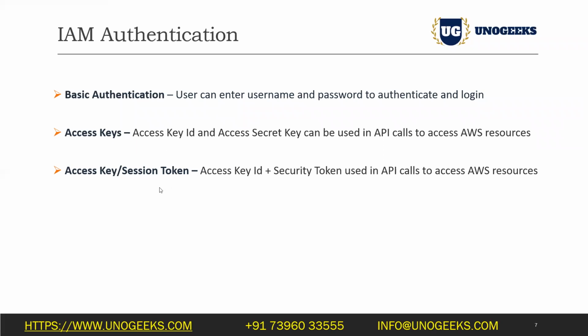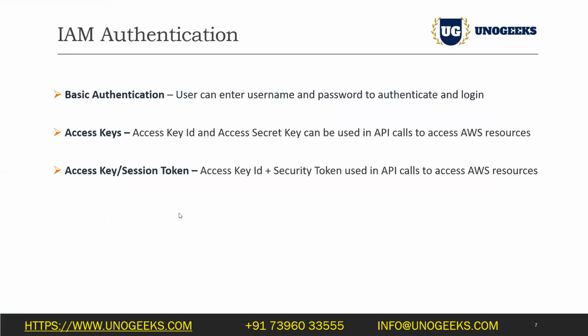Another way to access or authenticate in IAM is to use an access key along with a session token. There is a service in AWS called Security Token Service that can be internally leveraged to generate a security token, and you include it along with an access key ID, and you use the combination of it to make the API calls.